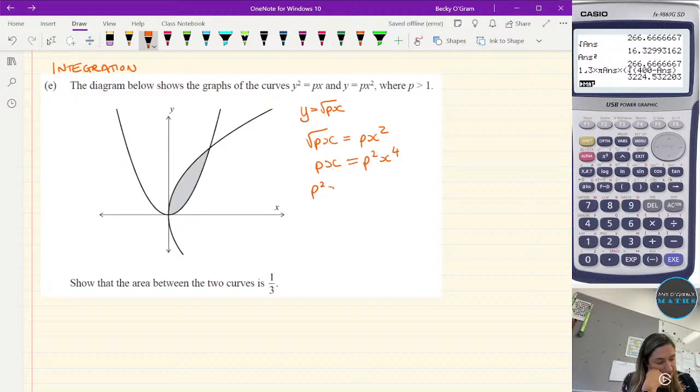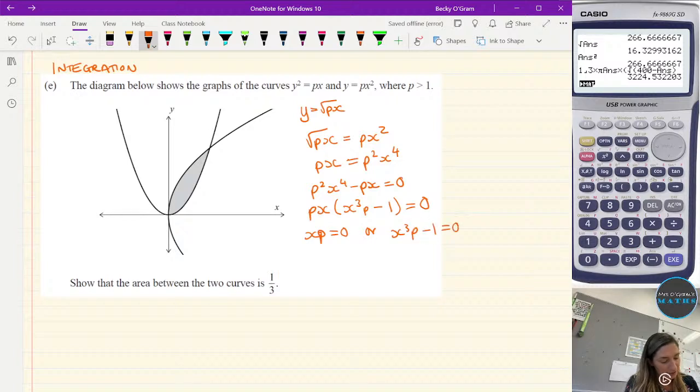So p squared x to the 4 minus px equals 0. Take out a factor of px, and we've got px times (x cubed p minus 1) equals 0. So either px equals 0 or x cubed p minus 1 equals 0.